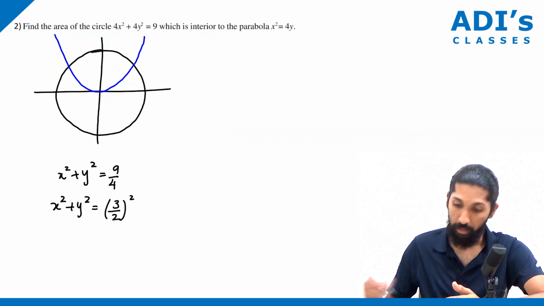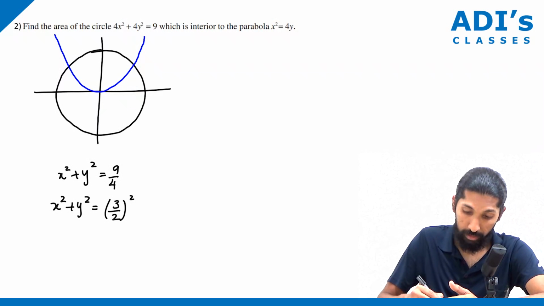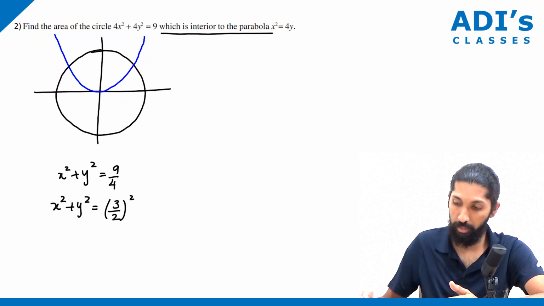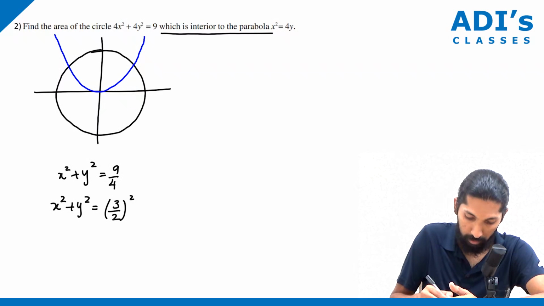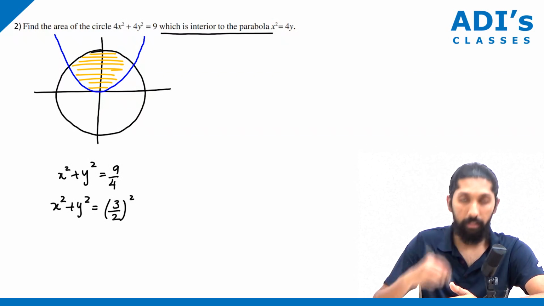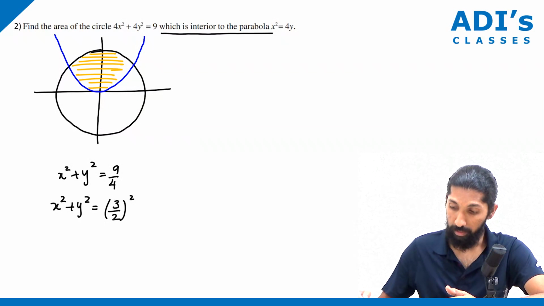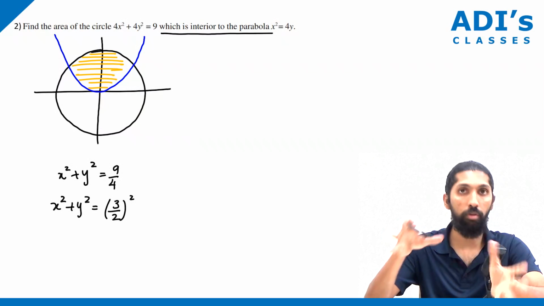Alright. Now look at the question. The question says, find the area of the circle which is interior of the parabola. That means this entire region, isn't it? For that, what we have to do is do not take the whole thing.